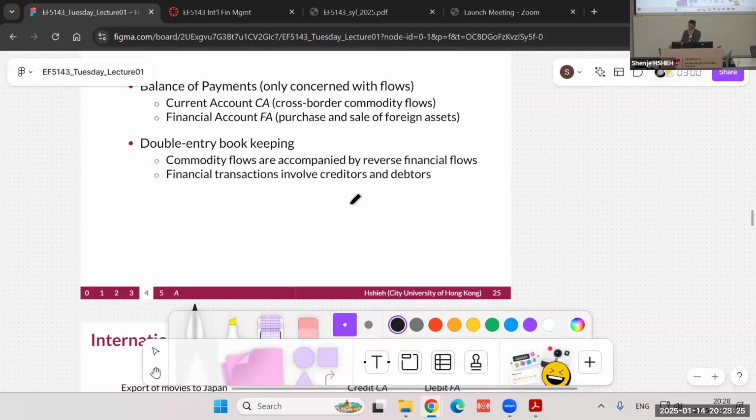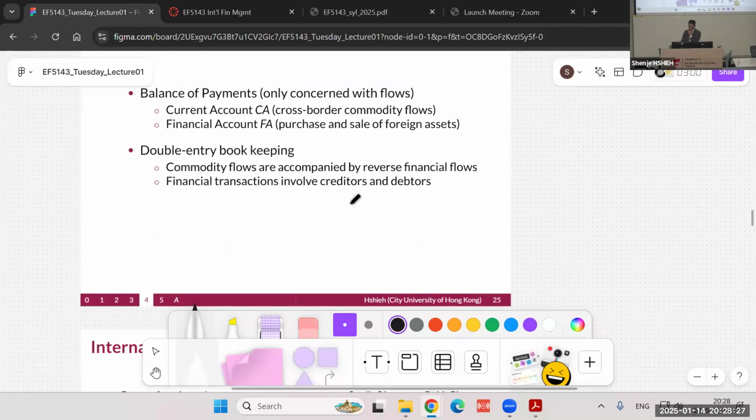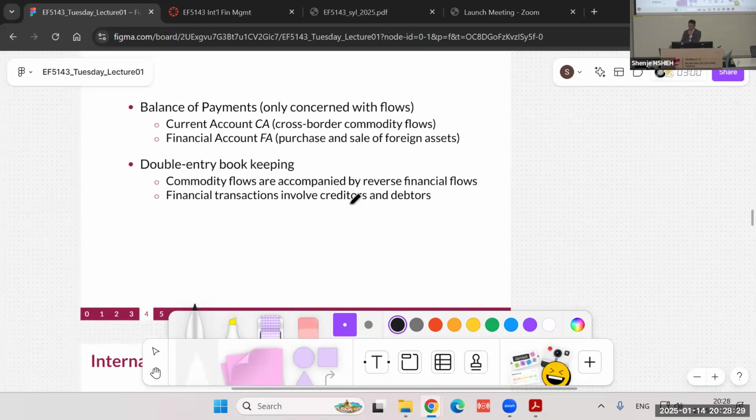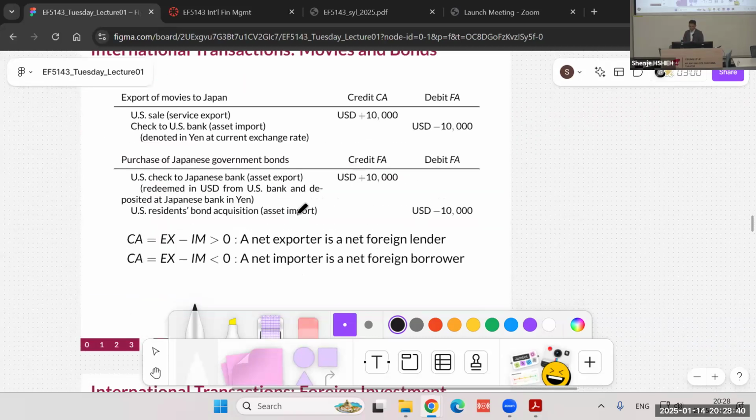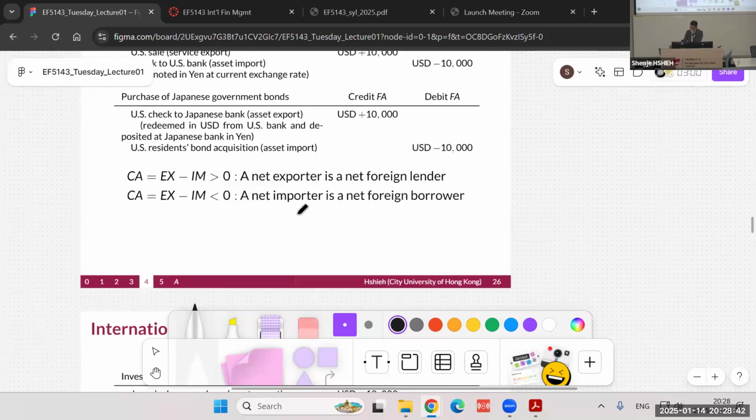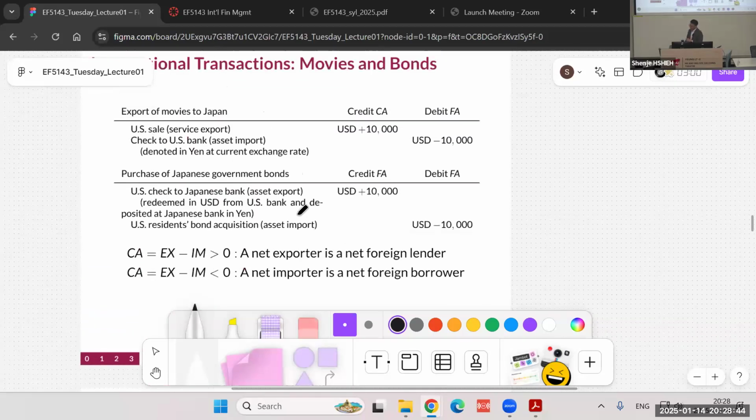Let me just quickly go over one example of how commodity flows are documented in the current account, and then we'll take a 10-minute break. Okay. So let me give you an example of how international trade is documented.